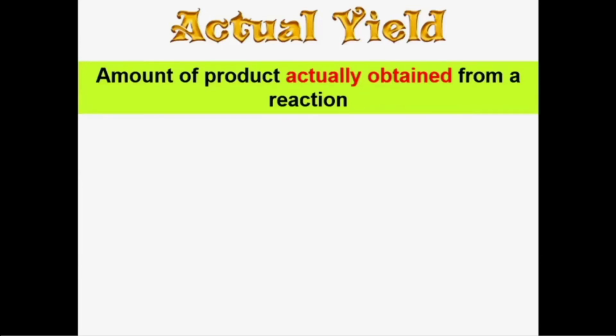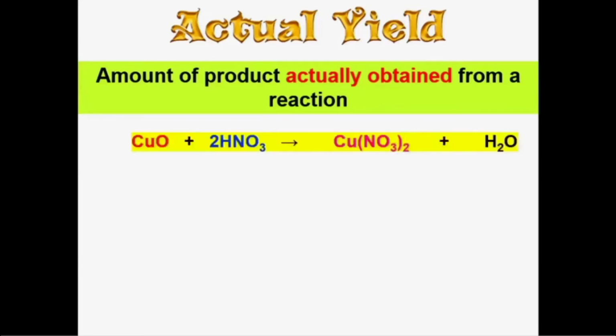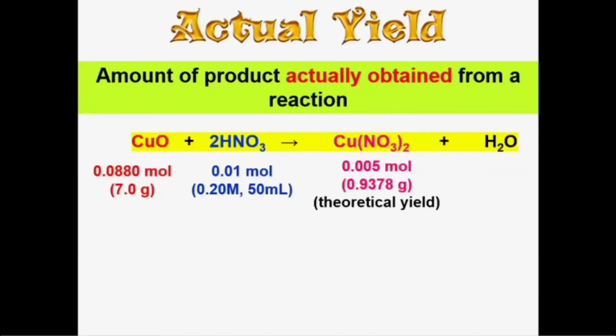For example, based on the theoretical yield just now, if we have 0.088 moles of copper II oxide and 0.01 mole of nitric acid, therefore the amount of copper II nitrate that was produced in this reaction should be 0.005 moles or 0.9378 grams.